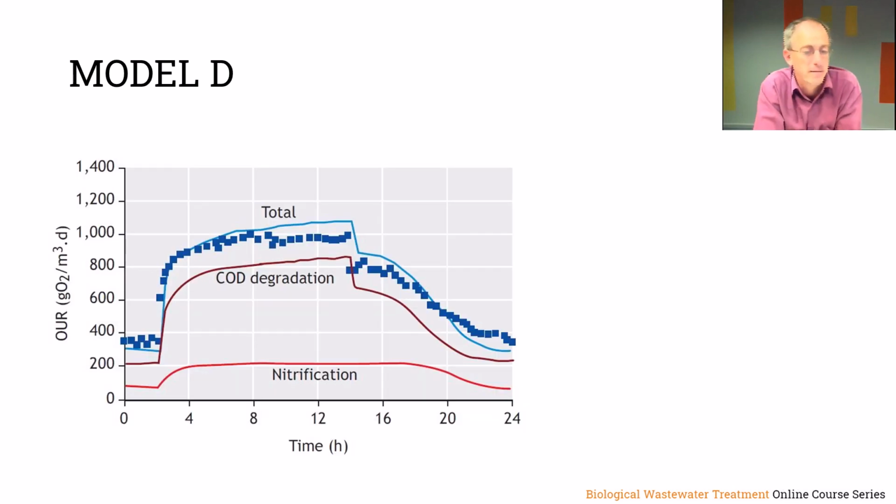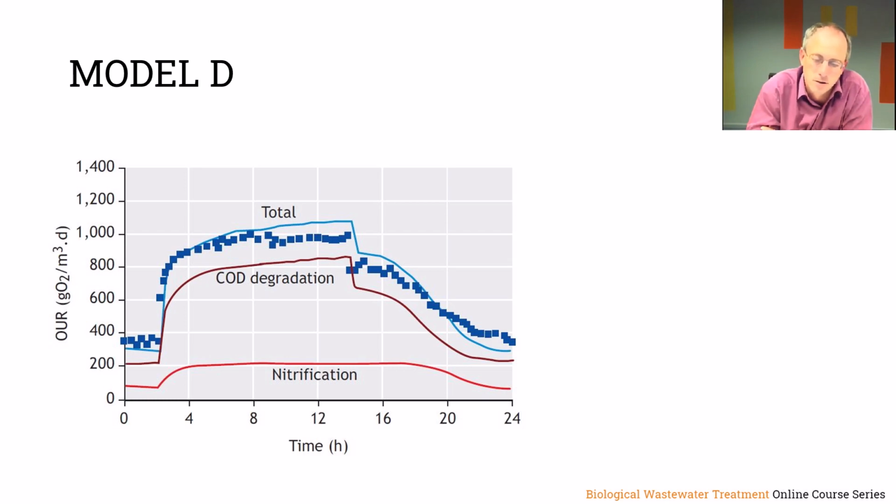We can run the model again, and we see again a description of the system, and we can see that the measured line and the modeled line are more or less identical. Again, not fully, but they are quite good.